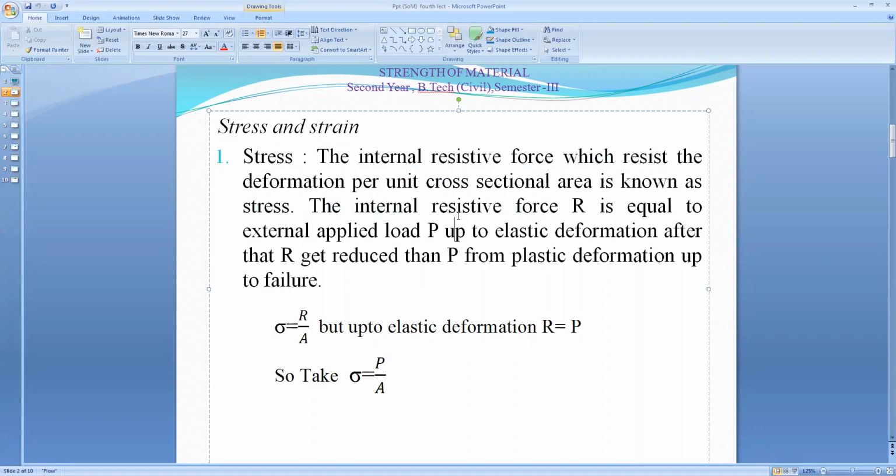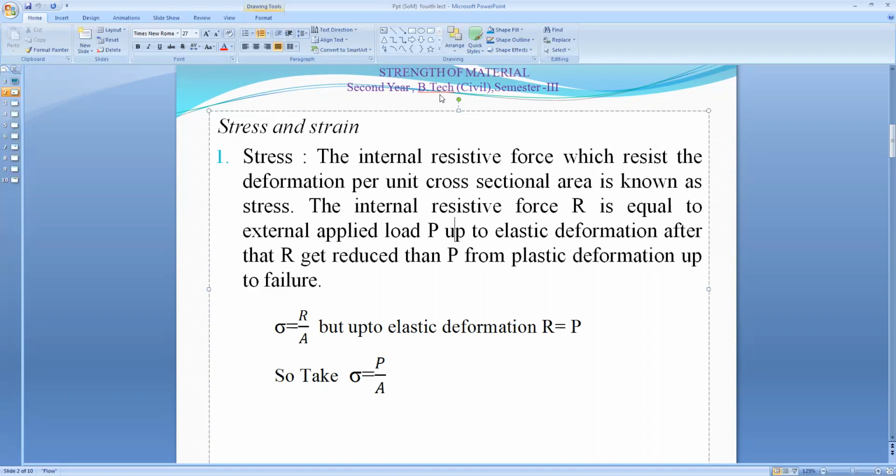When a body is subjected to an external agency, which is called force, deformation occurs. If the body is sufficient to resist such force, then the body tries to resist the deformation caused by that external agency.